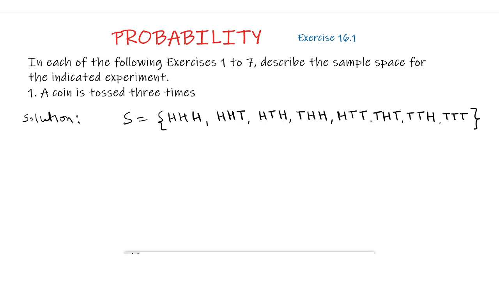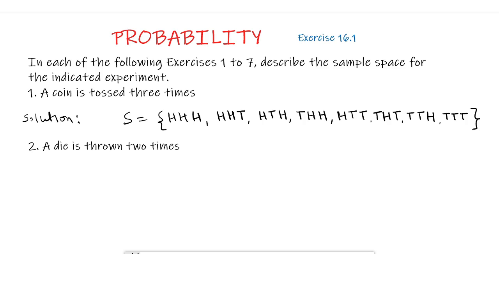So this is our total sample space, and these are our sample points: HHH, HHT, HTH, THH, HTT, THT, TTH, and TTT. Question second, a die is thrown 2 times.